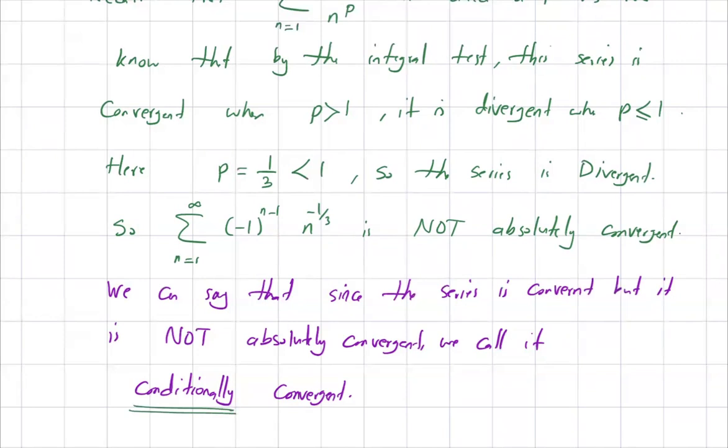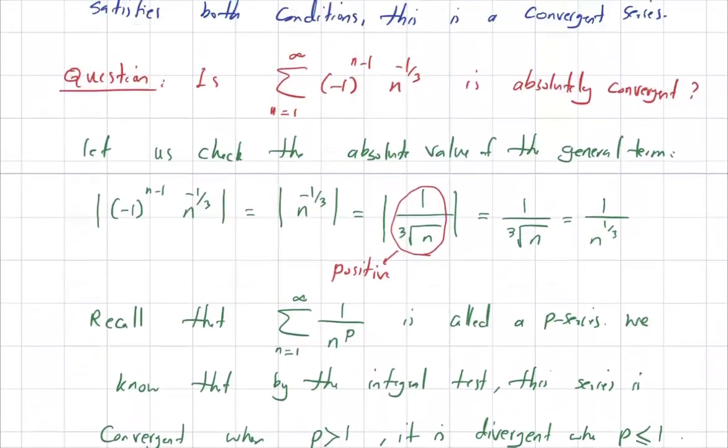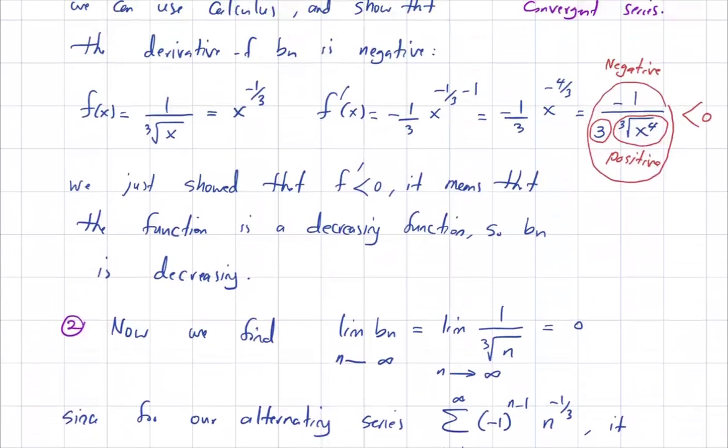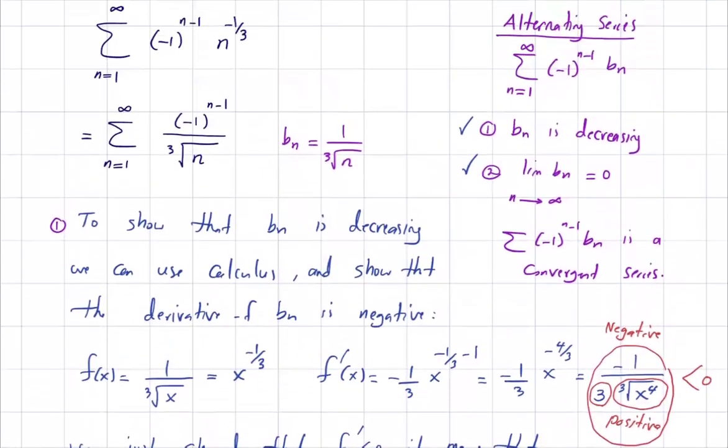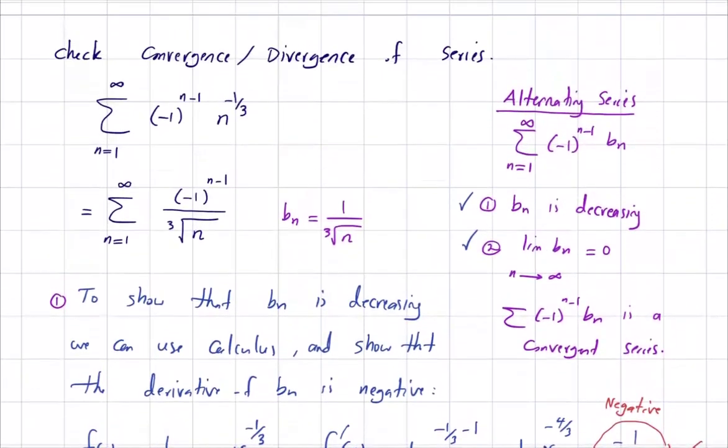So let us recap what we did. We wanted to analyze the behavior of this series. Is this convergent? Is this divergent? The series is -1 to power n minus 1 times n to power negative a third. Remind yourself of alternating series because they have the same pattern.